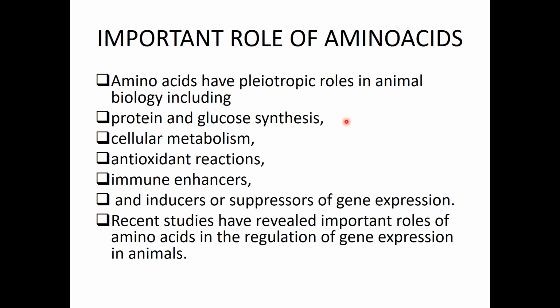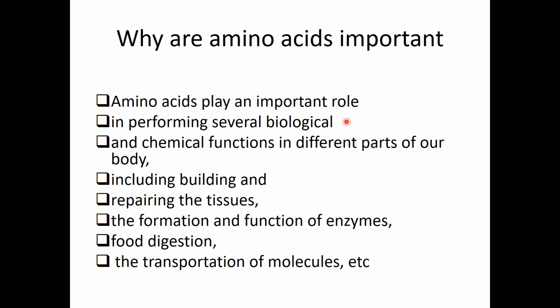Similarly, cellular metabolism, we have already seen that all are due to enzymes, and the enzymes are proteins in nature. And antioxidant reactions like nitric oxide, immune enhancers, gene expression, etc.